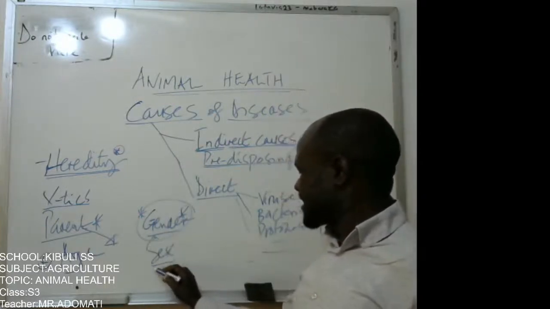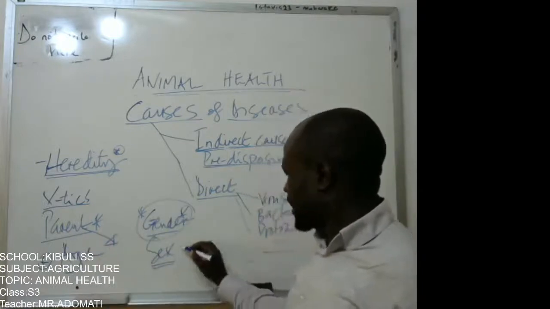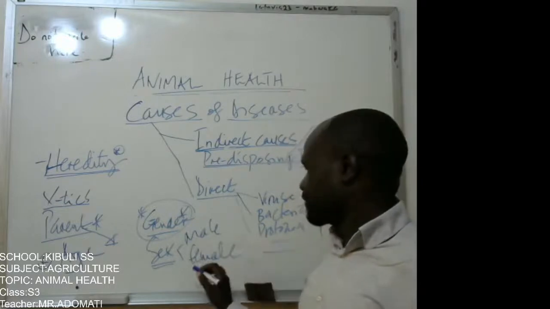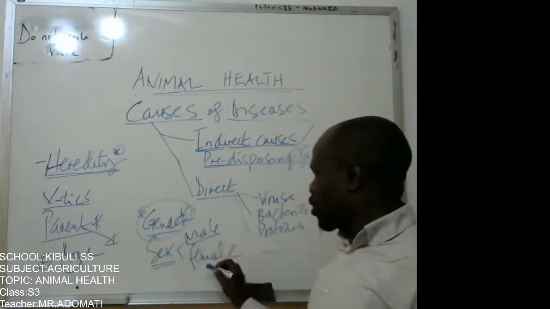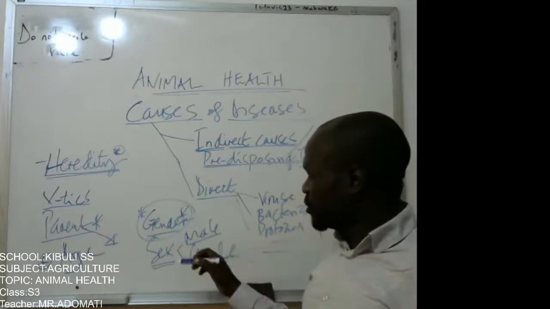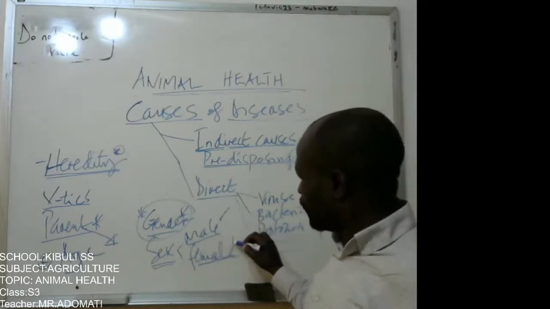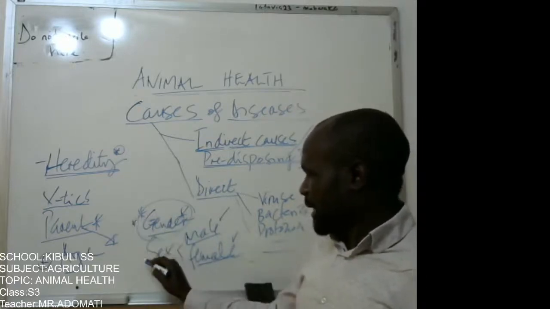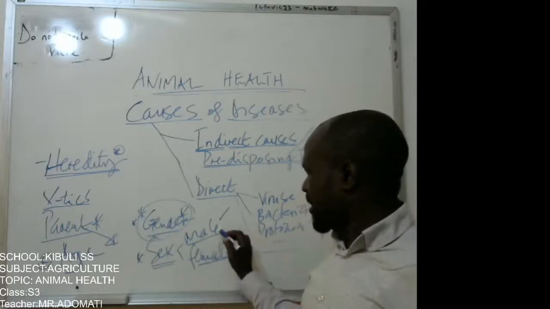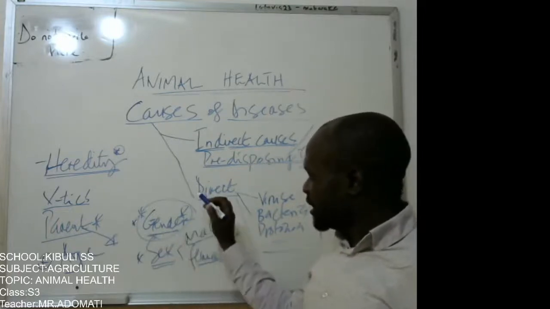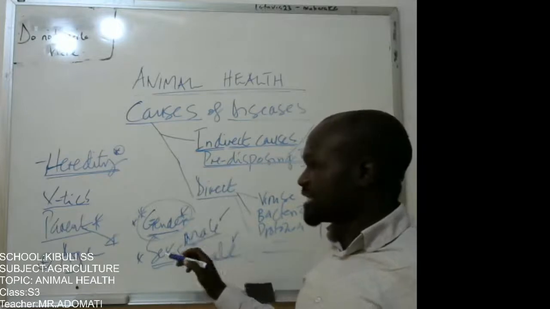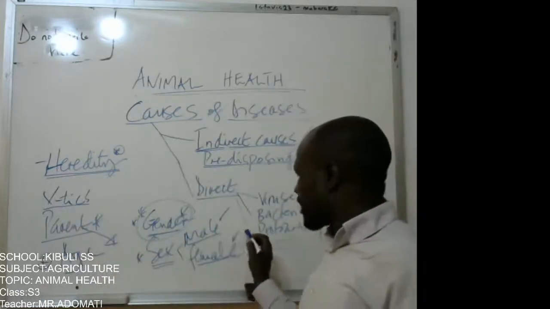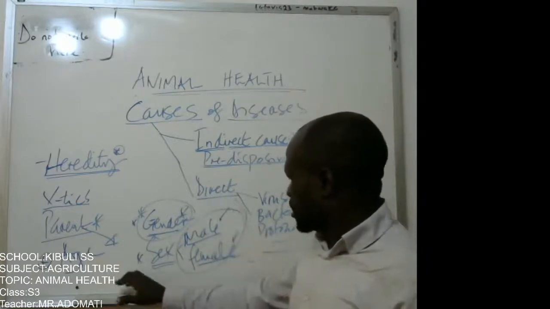And sex is being either male or female. That biological being male or female is what we call sex. People confuse sex and gender, but for us we are talking of sex. Male, female. Gender is to do with the roles that the society gives to the males and the females. But for us our emphasis here is on the sex.